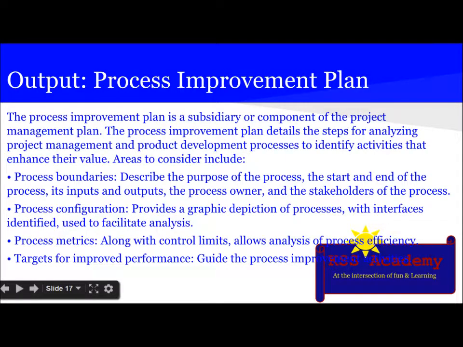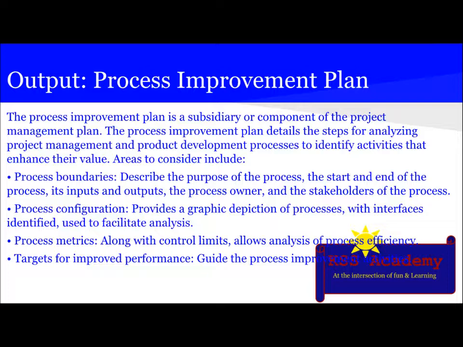The next output is the process improvement plan, which is a subsidiary or component of the project management plan. The process improvement plan details the steps for analyzing project management and product development processes to identify activities that enhance their value. The areas could include process boundaries, which describes the purpose of the process, start and end of the process, its input and output, the process owner, and the stakeholders of the process.